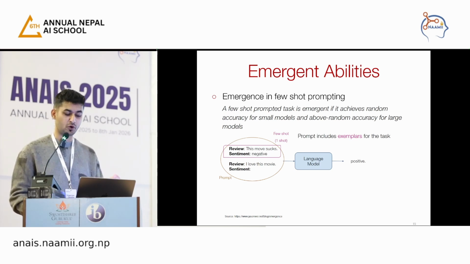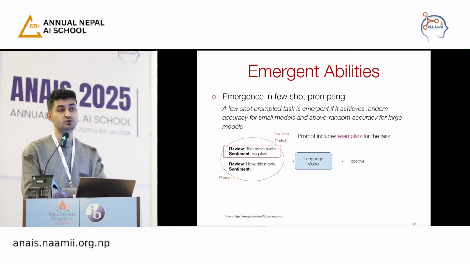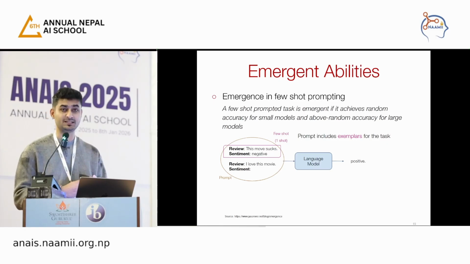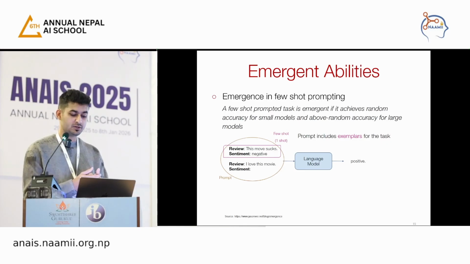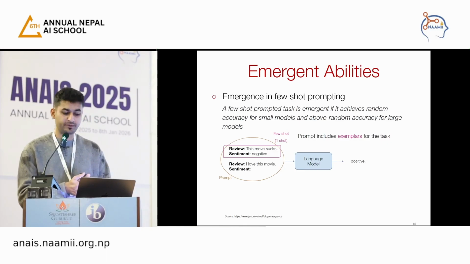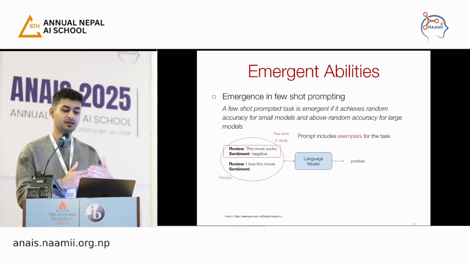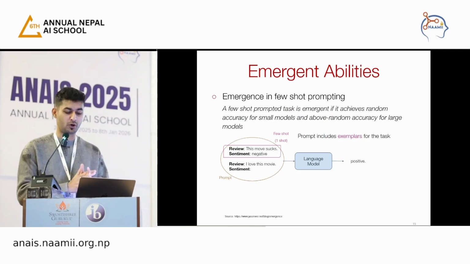For instance, if the task is finding the sentiment of a movie review, we give examples of what the sentiment is for a given review. If the review is "this movie sucks," the sentiment is negative. That is one example, so it can also be called a one-shot prompt. We can have one-shot, two-shot, or even more if we include multiple examples in the prompt. This is how a few-shot prompt is prepared.